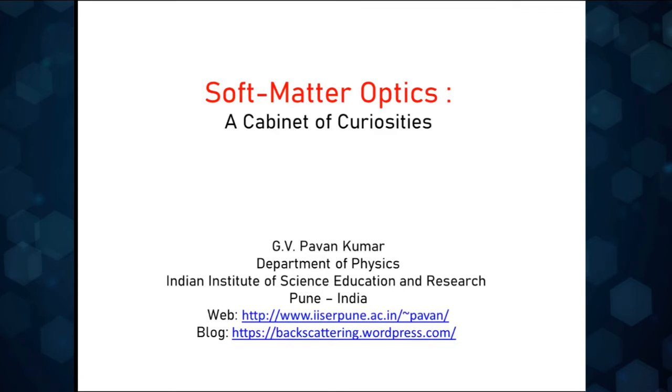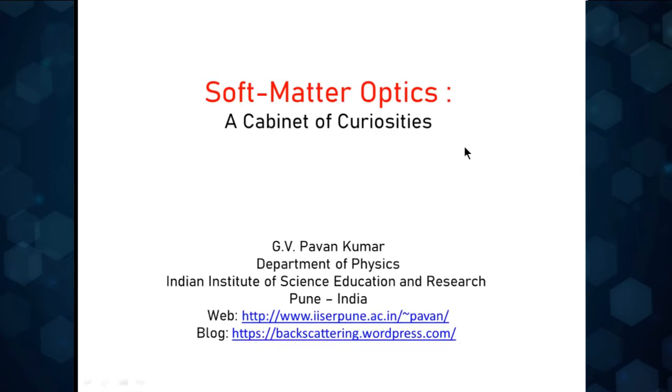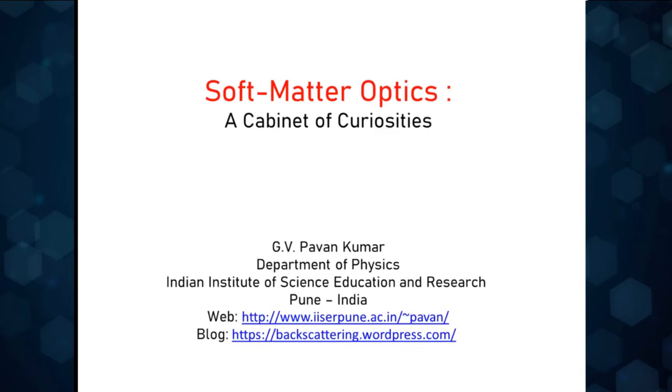So coming to today's talk, I'm going to mainly speak about soft matter optics. I'm calling it a Cabinet of Curiosities. The main reason being that there is so much stuff to offer as a platform for optics via soft matter physics and soft matter material science per se.